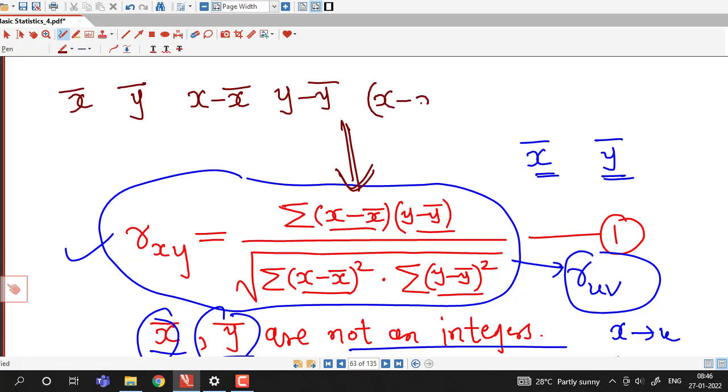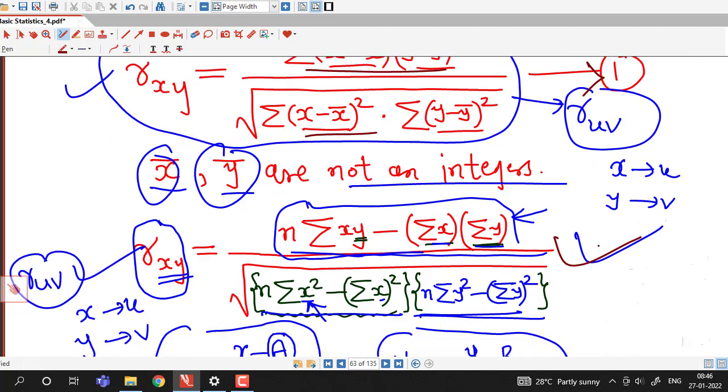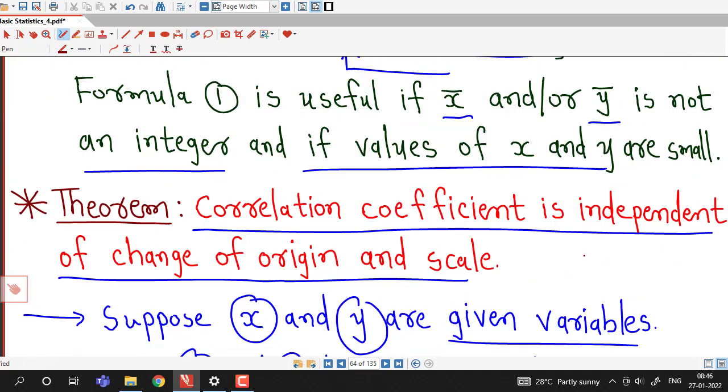After that we will prepare all these columns: x minus x bar, y minus y bar, square of x minus x bar, square of y minus y bar, and then we will find out total of each columns which are required, and substituting values in this formula we will obtain coefficient of correlation using that formula.